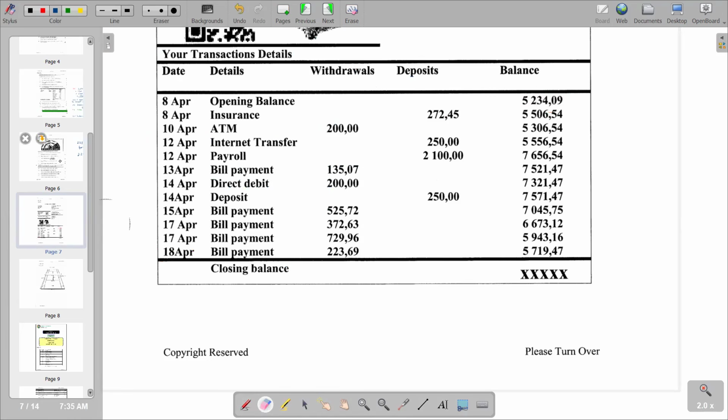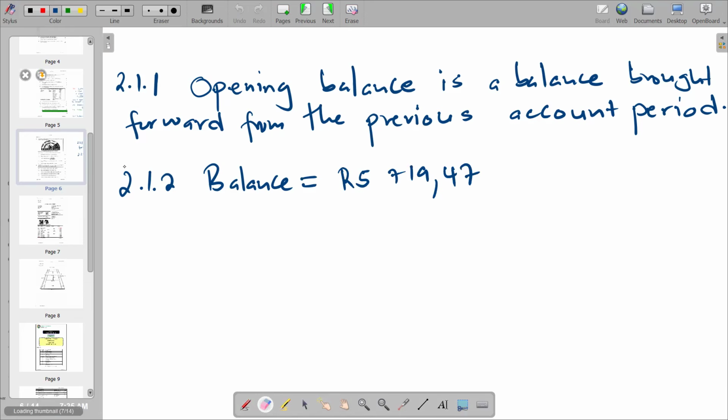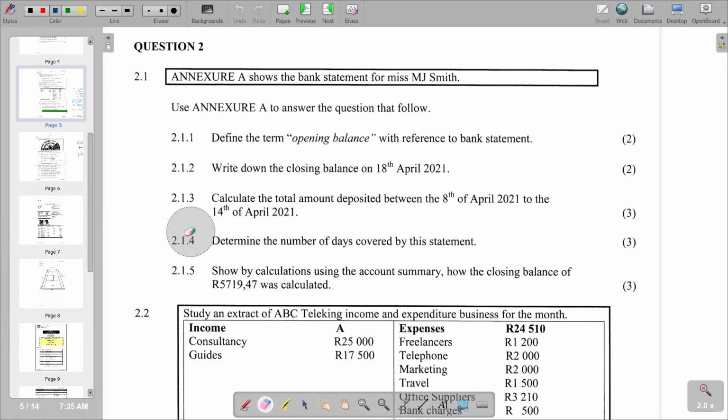I'm moving on to the next part of our question, which is now 2.1.3: calculate the total amount deposited between 8th of April 2021 and the 14th of April 2021. Take note of the first date, 8 April 2021, and the last, 14 April 2021.